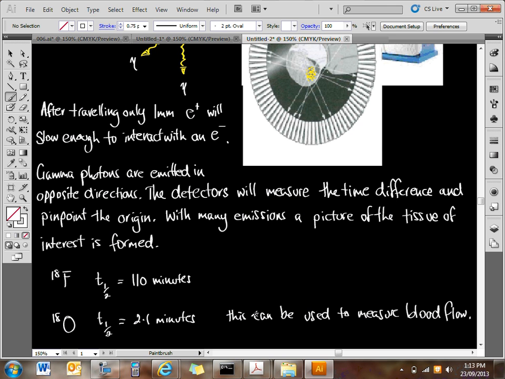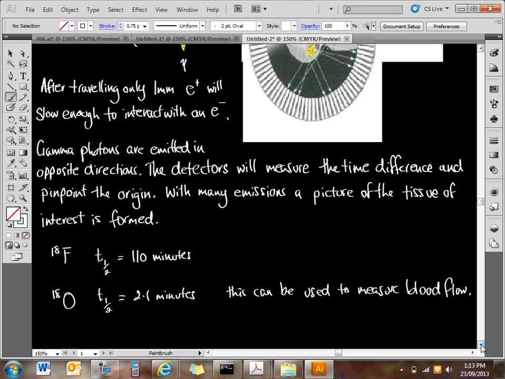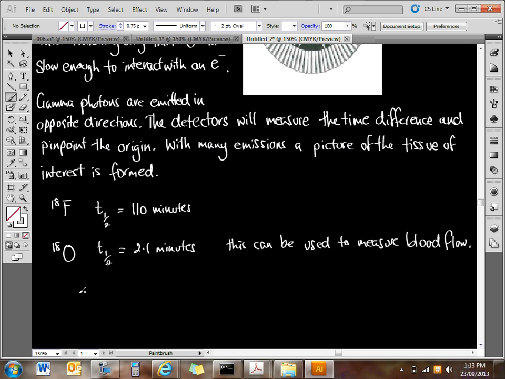Neutrons are no good because you can't accelerate them, can you? So we bombard them with protons, whatever it may be, with a cyclotron, and we can make a whole lot of this stuff, but it only has a half-life of 2 minutes. So the patient needs to be close by, and so does the positron emission tomographer.